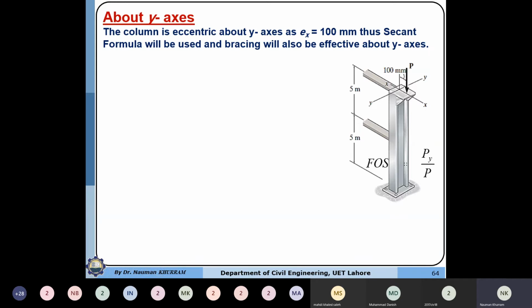Just the flexure formula: the flexure stresses are zero along the neutral axis. One side of the neutral axis is in tension and the other side is in compression. So this side will be in compression and the other side in tension. The point at which the stress will be maximum is at the distance from the neutral axis to the extreme fiber. I'm just considering this column section, not this top plate.